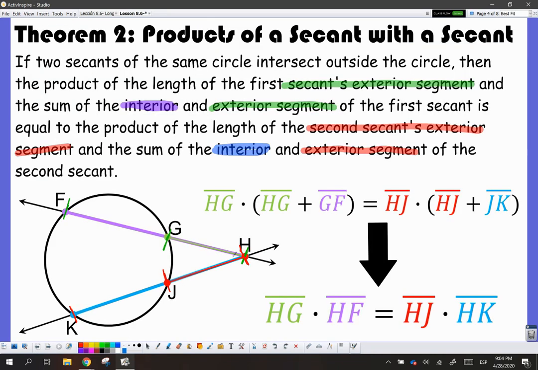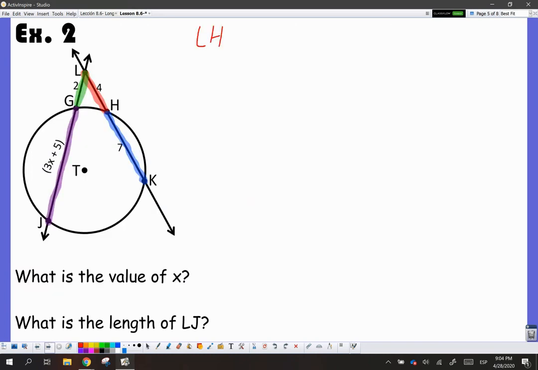And I'm supposed to multiply that by that same part plus the interior part of that secant. So I have parentheses, because I'm going to multiply, and I have the exterior part, LH, plus the interior part of the same secant, which in this case is HK.